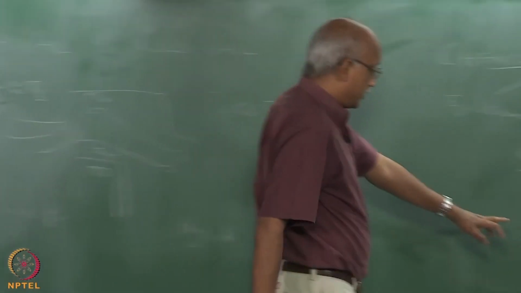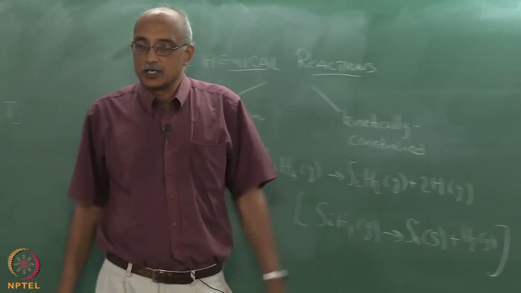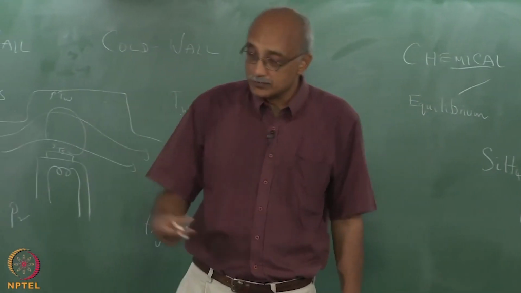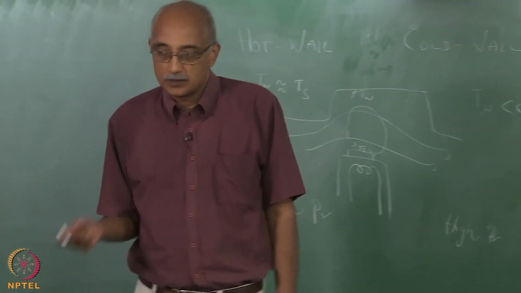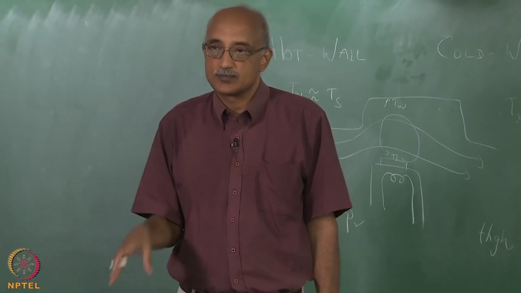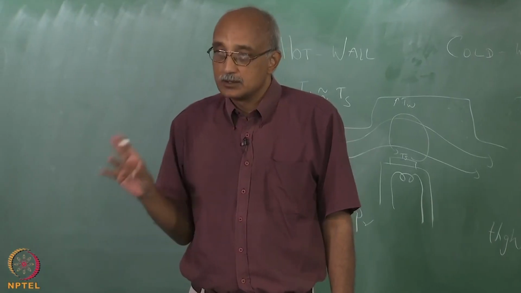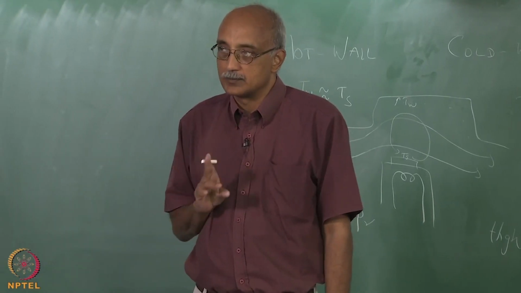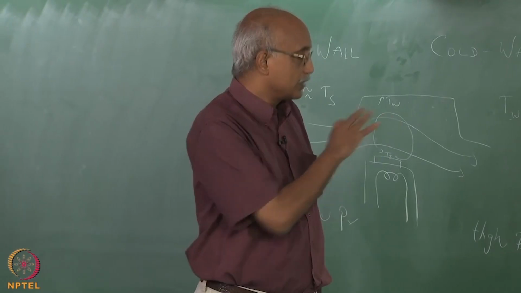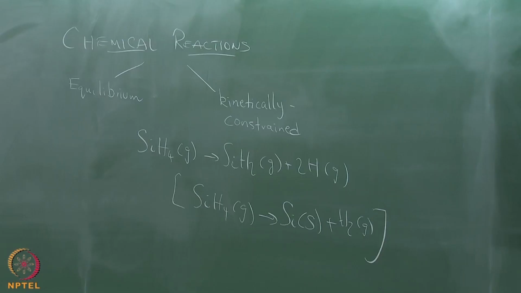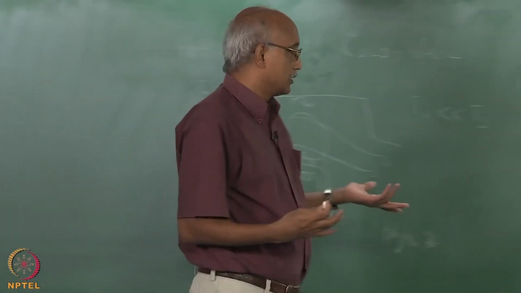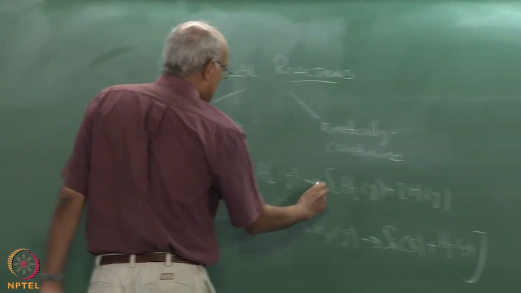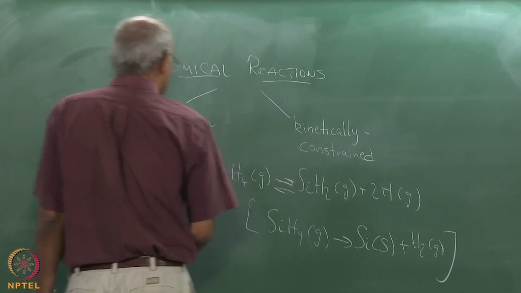But obviously it is not going to go in one step, right. There is going to be a lot many gas phase reactions that happen, and finally the depositing species are going to get transported to the surface, and then the film formation is actually going to happen. So, if I just look at one step here, the SiH4 gas going to SiH2 plus 2H, you can certainly write this equation, let us say a reversible reaction.